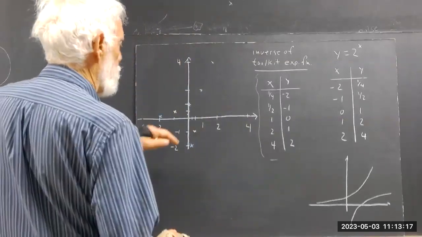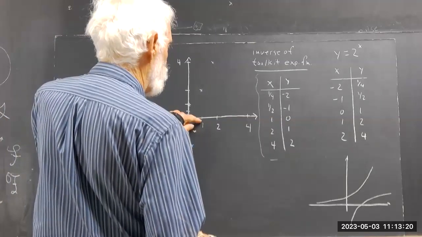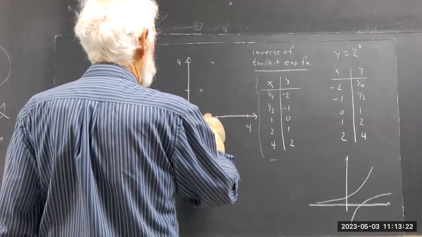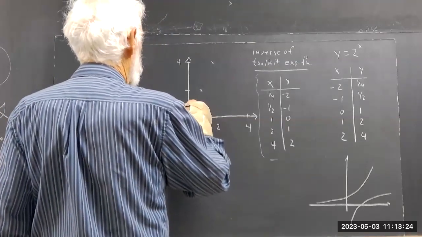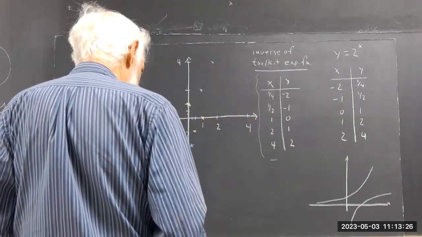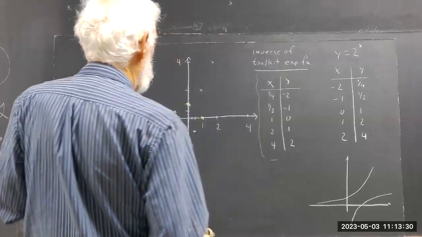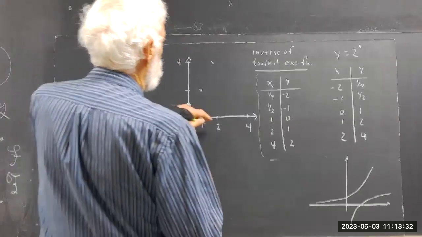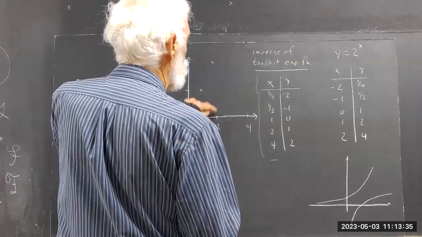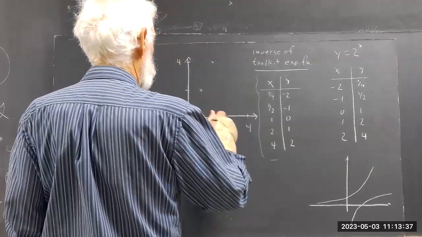Then we have the point (0, 1), (1, 0), sorry, and that corresponds to the point (0, 1). Then the point (2, 1), which corresponds to the point (1, 2).